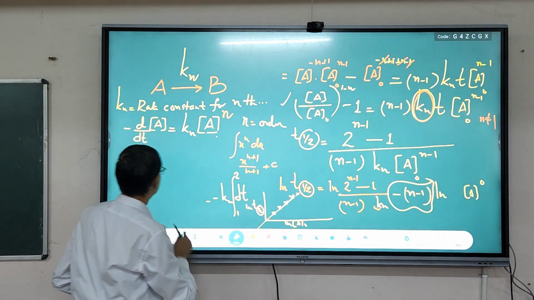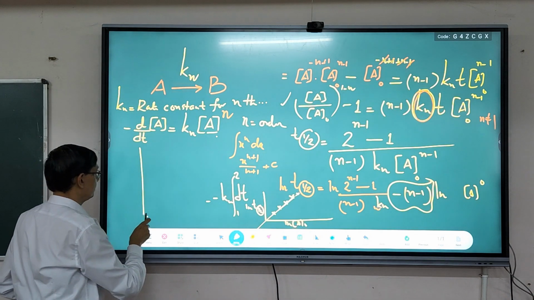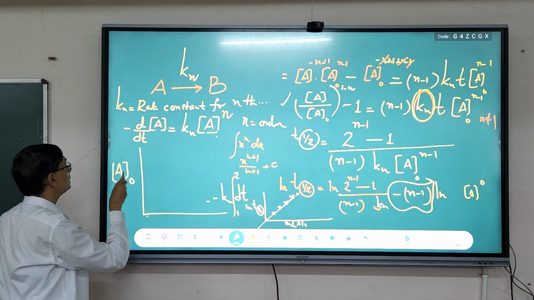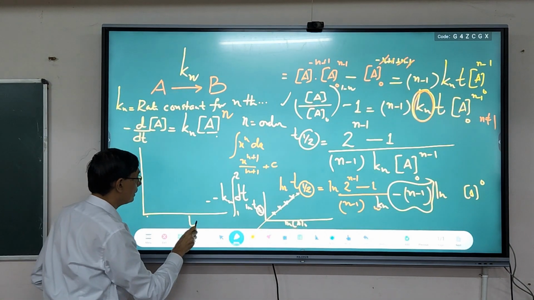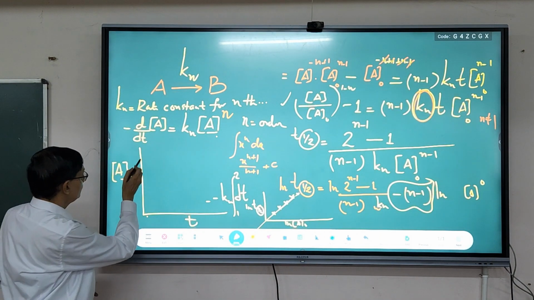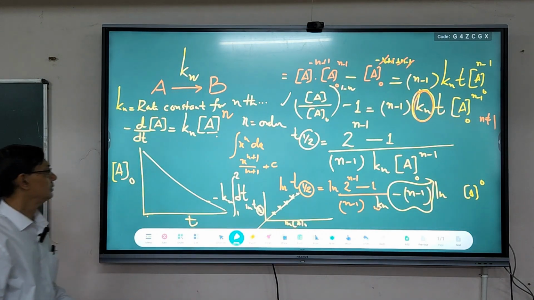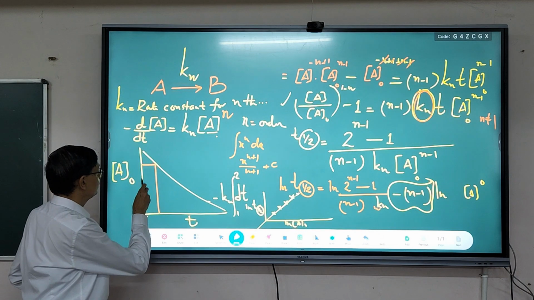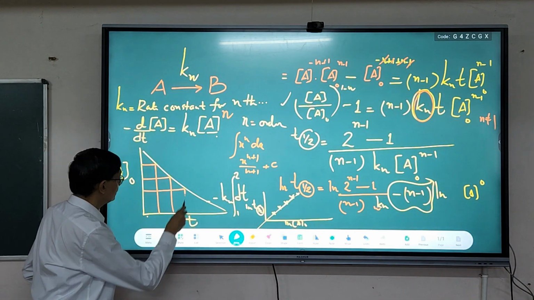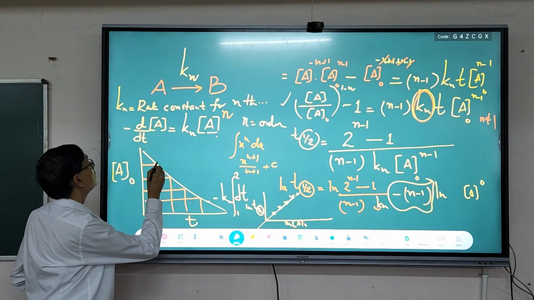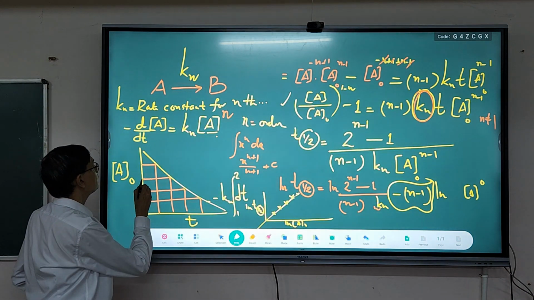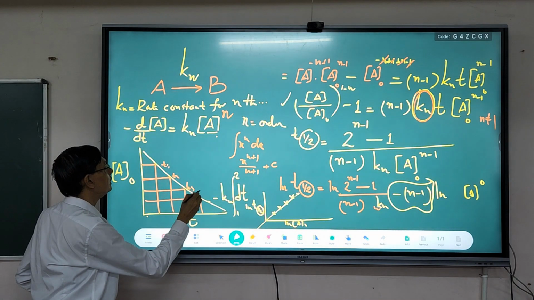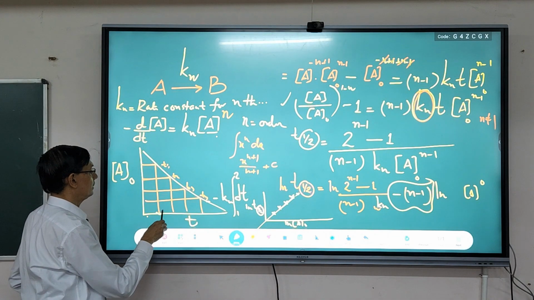Normal process. Take different initial concentrations and time t, suppose like that. First, second, third, fourth, 50% you have to calculate. So t half 1, t half 2, t half 3, t half 4 like that.